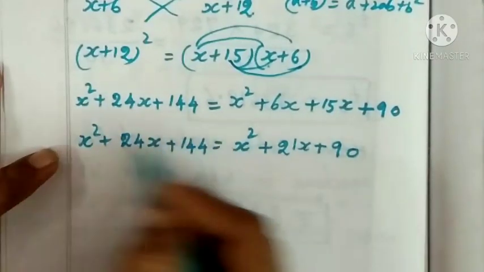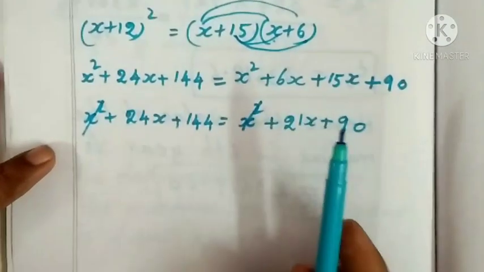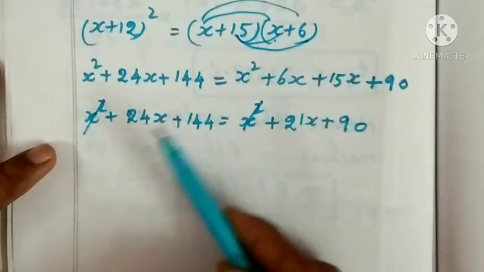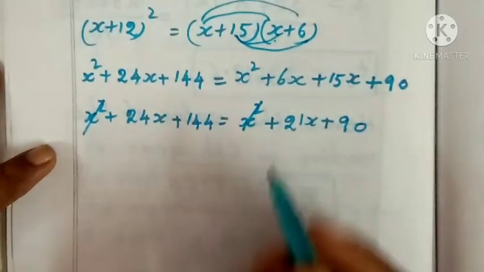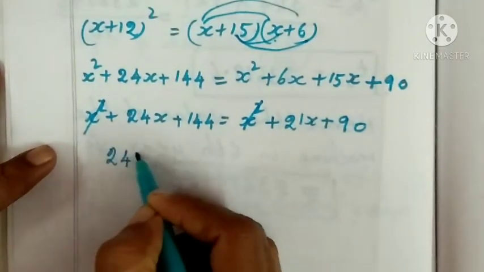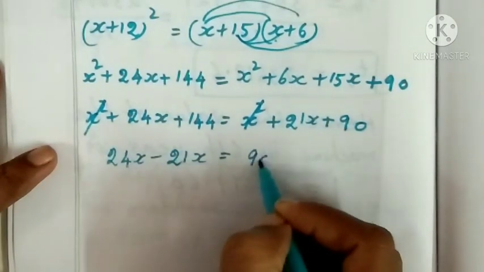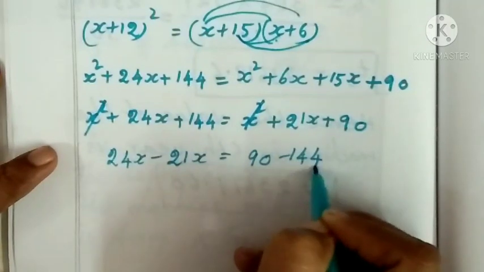X squared cancels. Now bring the x term before the equal sign and take the constant term after the equal sign, that is 24x minus 21x is equal to 90 minus 144.